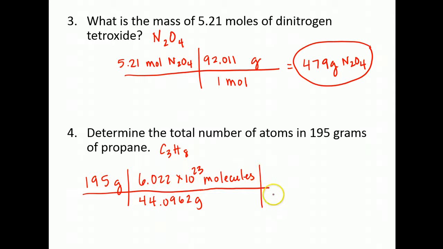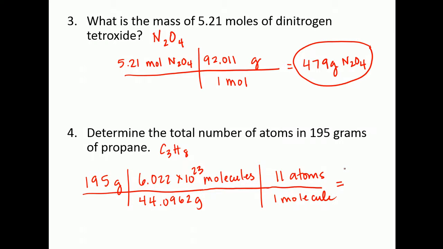It asks for a number of atoms. If you look at C3H8, it contains 3 carbon atoms and 8 H atoms. So for each molecule, we know that there are 11 atoms. So in this problem, we have one extra step of multiplying by the total number of atoms in one molecule.